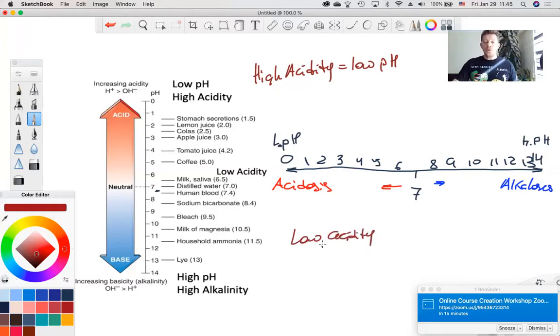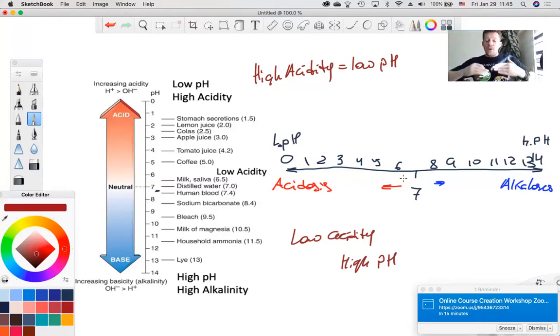By saying low acidity, meaning that you are shifting to the right. Low acidity shifting to the right, it is a high pH. Even when I'm explaining, I really have to think thoroughly about what I'm saying, because that's where the confusion comes from.